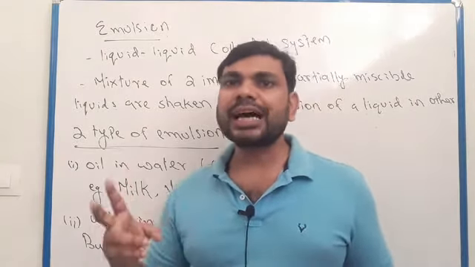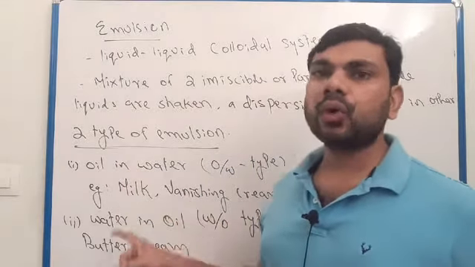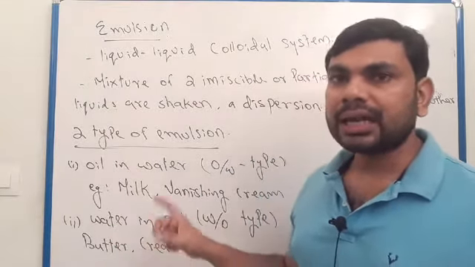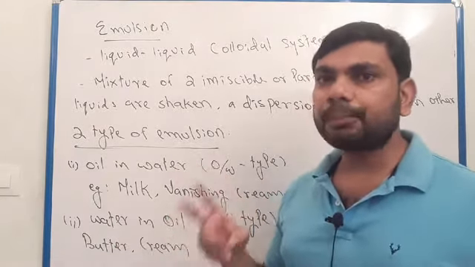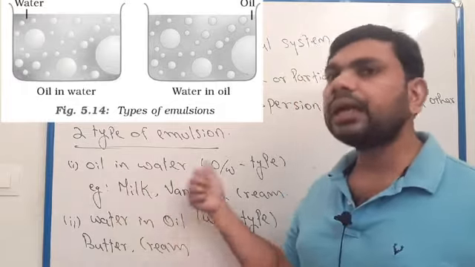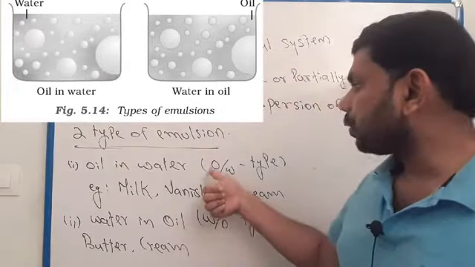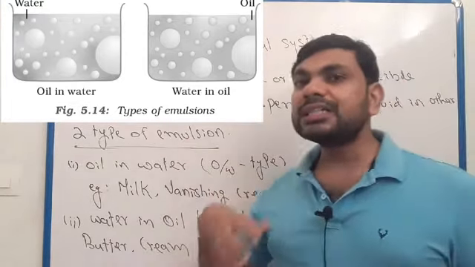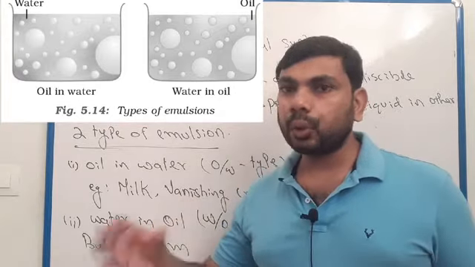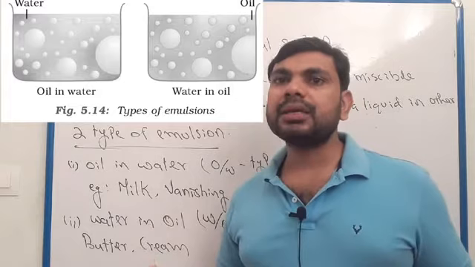There are two types of emulsion: oil in water, and another one, water in oil. First one, oil in water. Here dispersed medium is water.